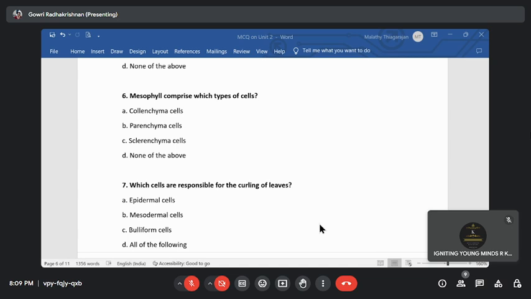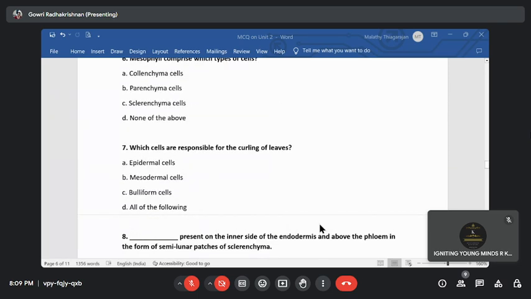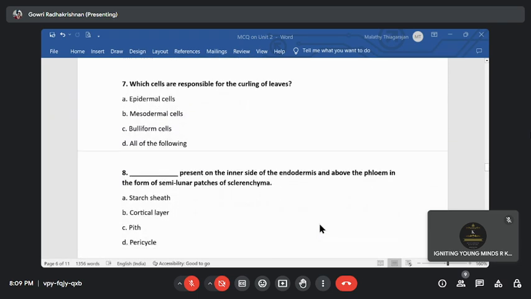Parenchyma cells, ma'am. That is option B. Which cells are responsible for curling of leaves? Ma'am, option C, bulliform cells, correct.